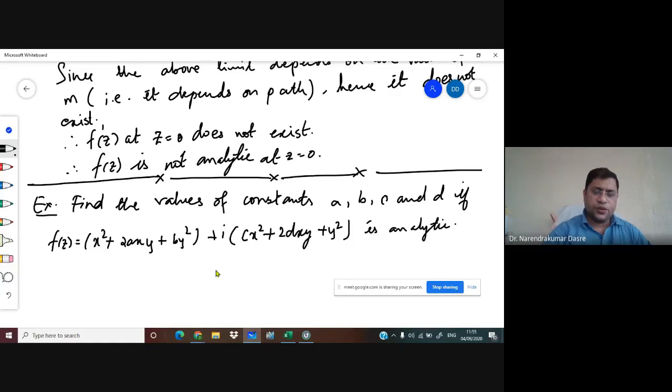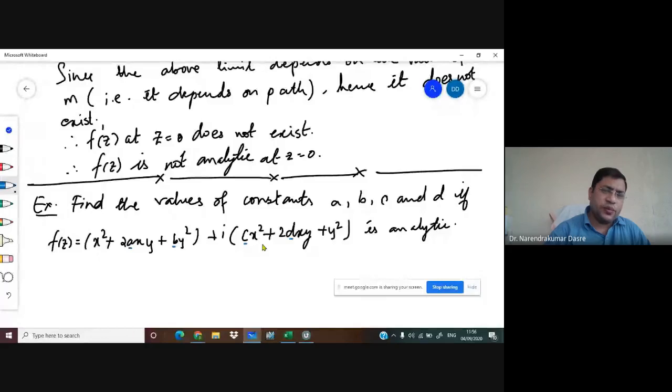Okay. So you can see in the previous case, the function was given and we had to show whether it is analytic or not. And now here it is given that the function is analytic, and then we have to find out the value of these constants a, b, c, and d. Okay, and here the given information is that the function is analytic.